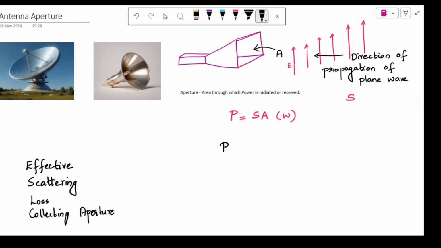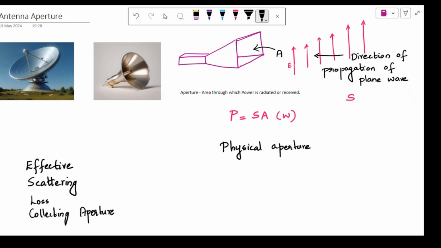Similarly, you also have the concept of physical aperture. The physical aperture is nothing but the actual physical size of the antenna. If you consider the antenna, this is the physical size of the antenna, and the aperture based on the complete physical size is the physical aperture.